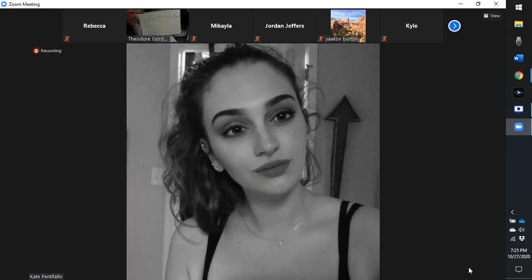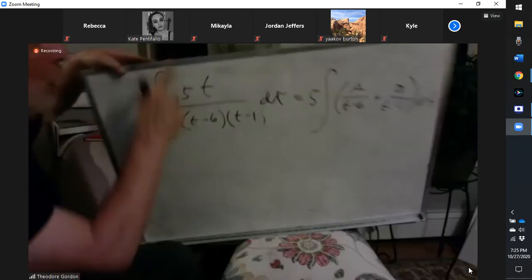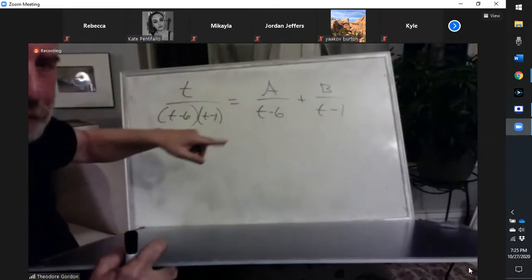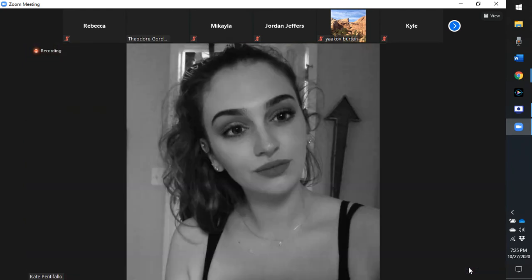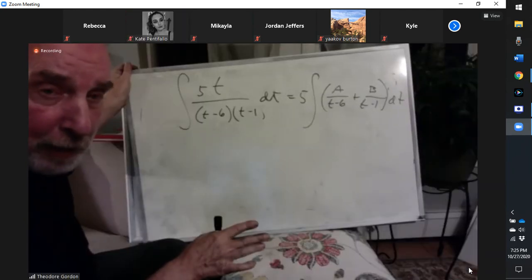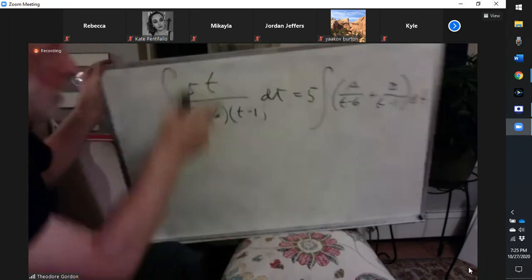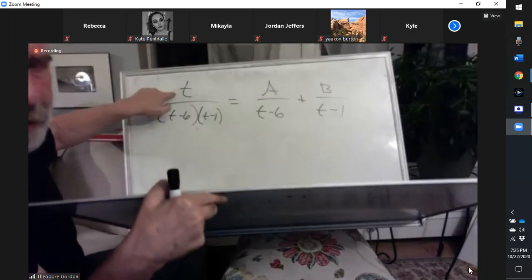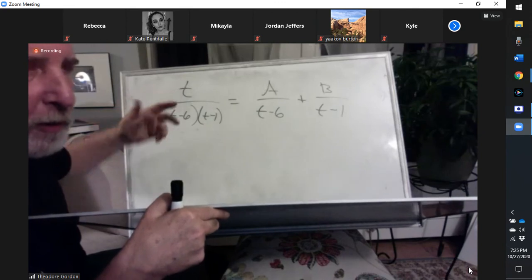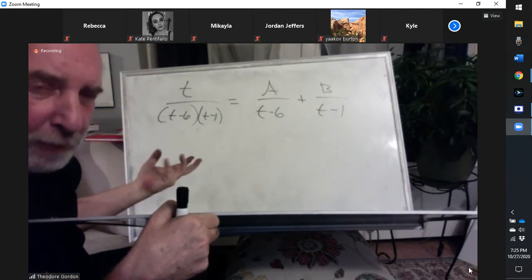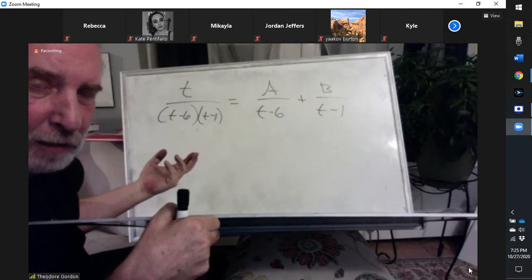And then I'm just going to ignore it because what I'm doing over here on the second board, I'm just looking for A and B. Now, you could leave the 5t in there, and that would be mathematically correct. But then I have another number to deal with, which introduces the possibility of an arithmetic mistake somewhere along the line.